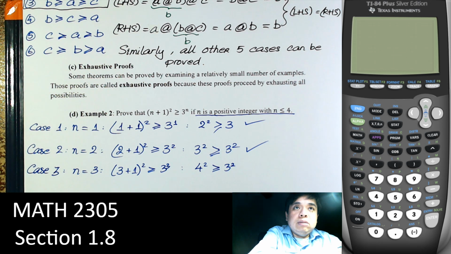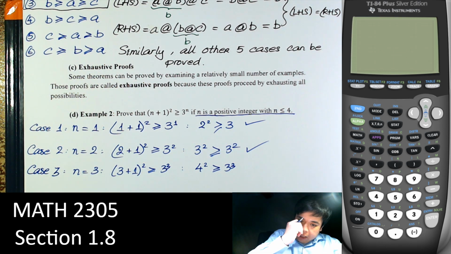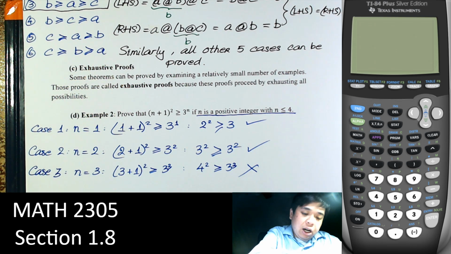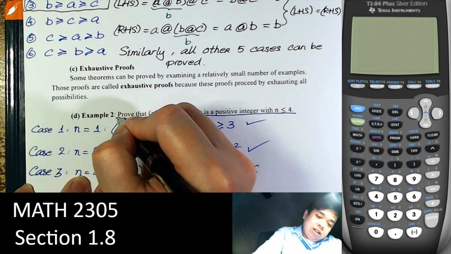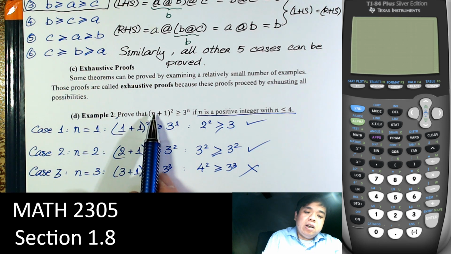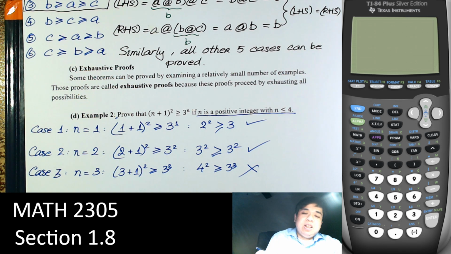And that's a cube, right? So this is not true. So for that, we say this is not a theorem. Of course, if we put 4 here, that is 25 and that 3 to the 4 is not greater. So that's why this is not a theorem.